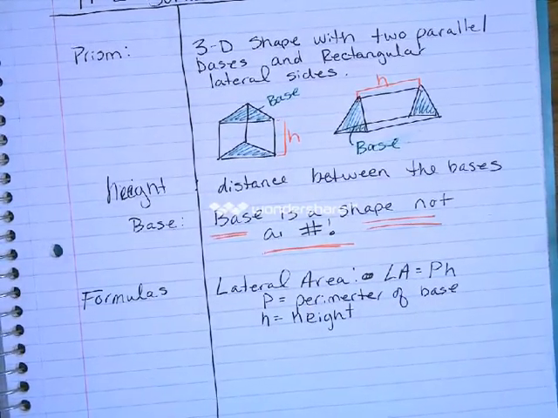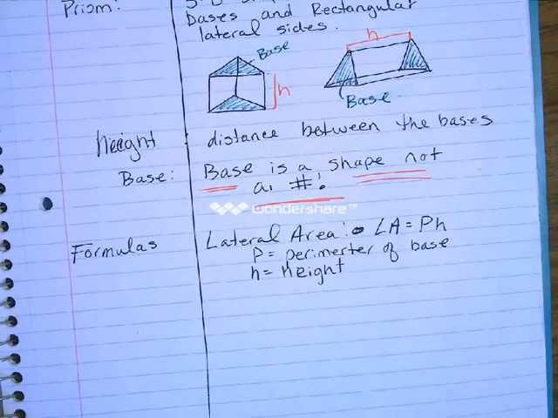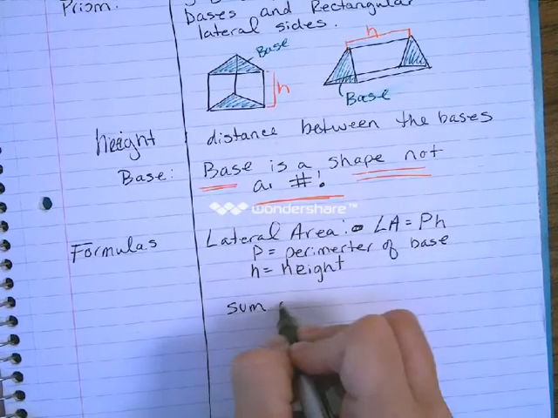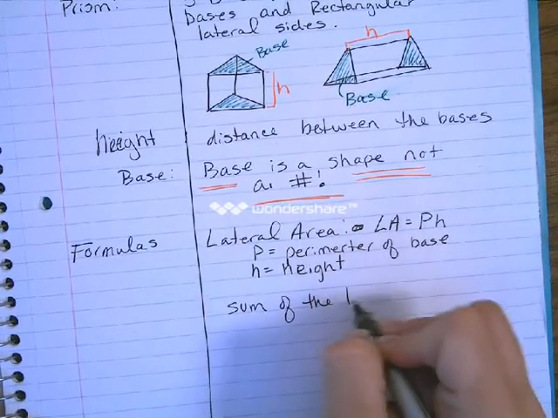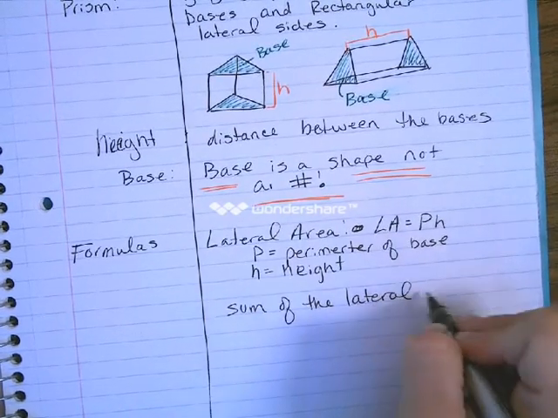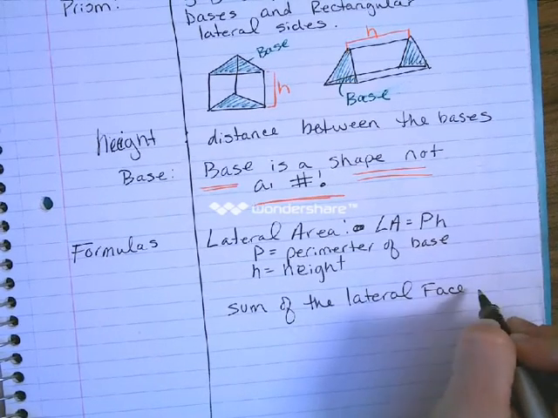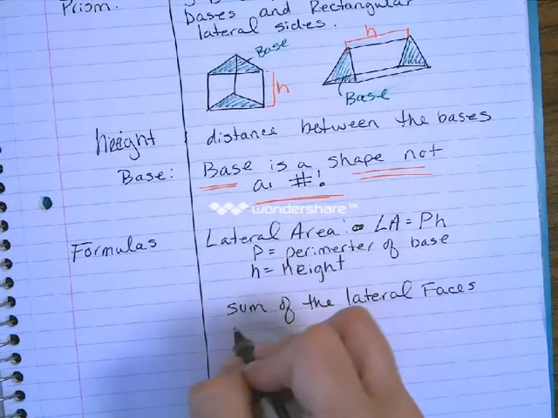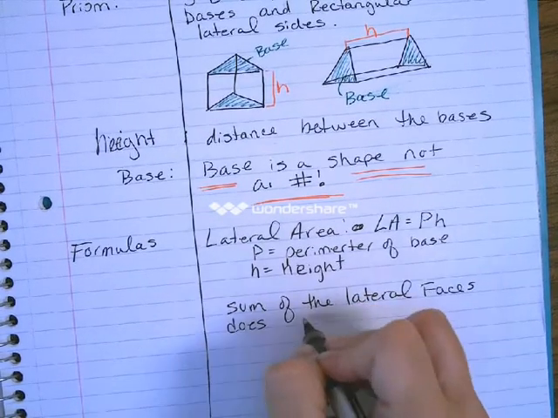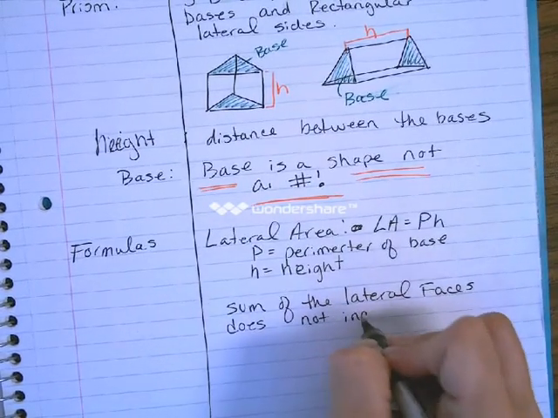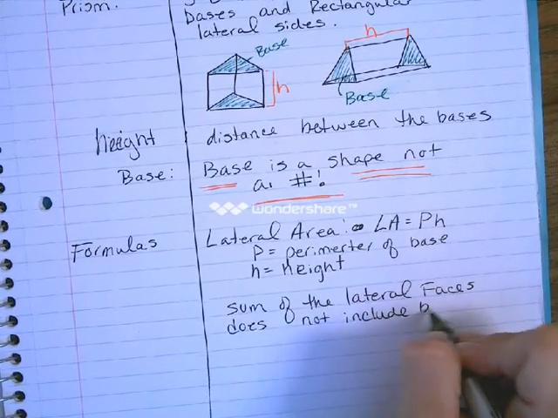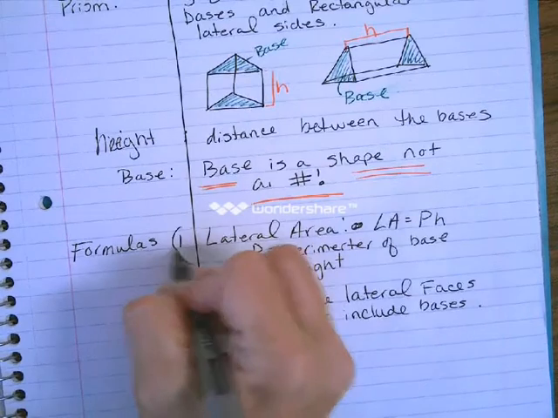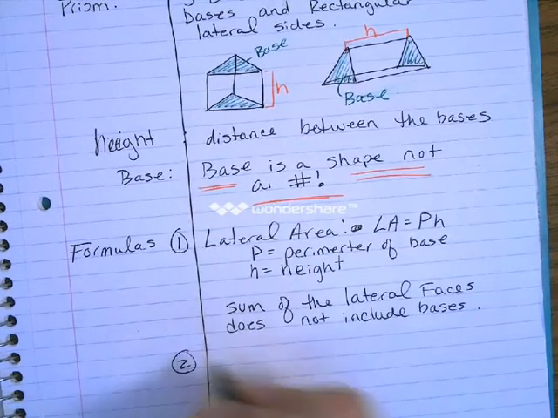The lateral area is just the sum of the lateral faces. It does not include the two bases, it's just the lateral faces. That's your first formula. Your second formula is surface area.